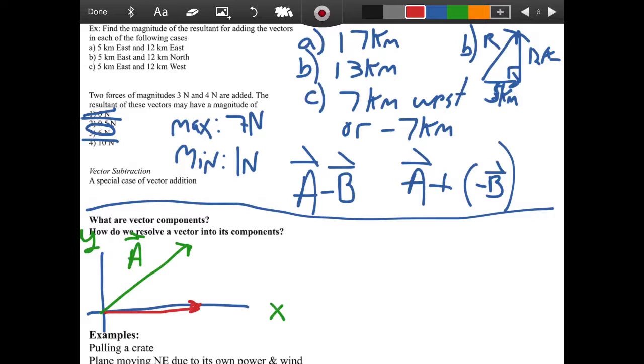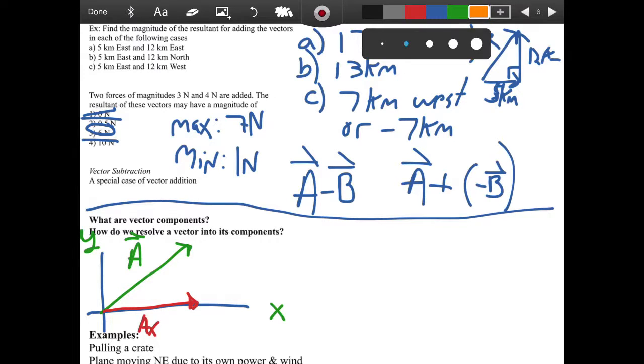Probably I'm going to draw that a little better. An x component right there. So this is going to be ax, and a y component, which goes vertically. And again, we have a right triangle, so it's going to be ay. Call this angle theta. That's terrible theta.